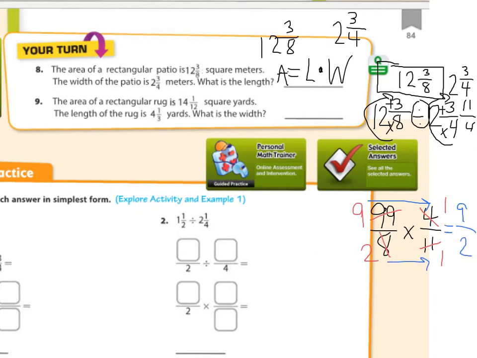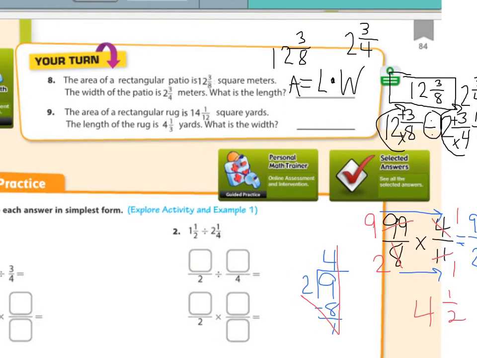This is improper, so we're going to use TIBO. Top in, bottom out. 9 divided by 2 is 4 and 1/2. So the length of this patio is 4 1/2.